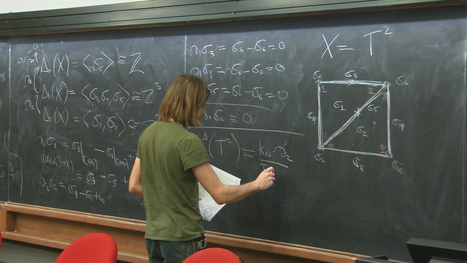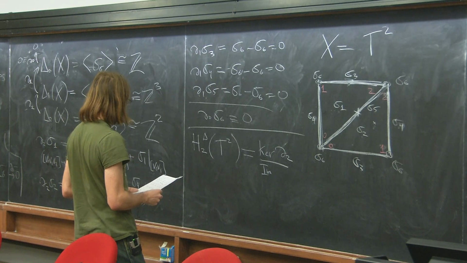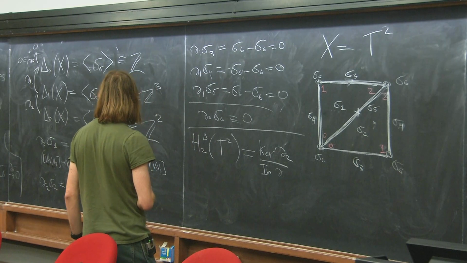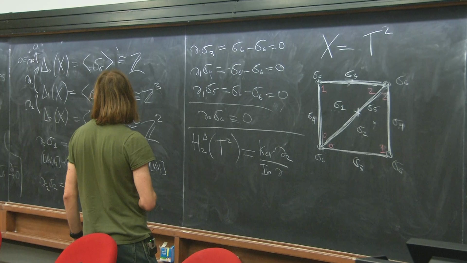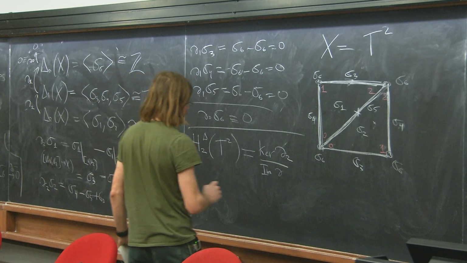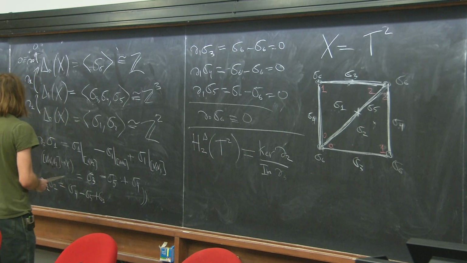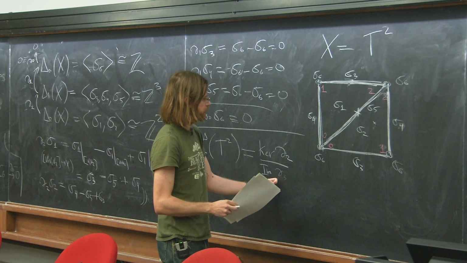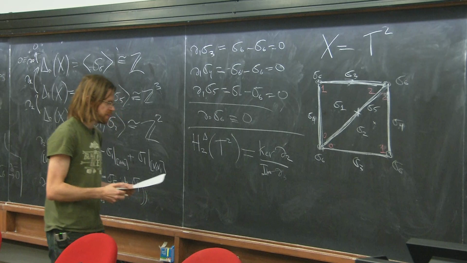In principle, you can consider the image of D3, but D3 is nothing, right? There are no 3-simplices, so it's empty.